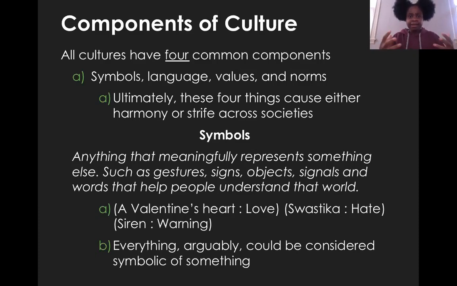I'm going to split this into 2 lectures, and I'm going to end this one here, okay? But I do want you to think about something before you click onto the next lecture. So, symbols, language, values, and norms can cause harmony and they can cause strife in society, right?